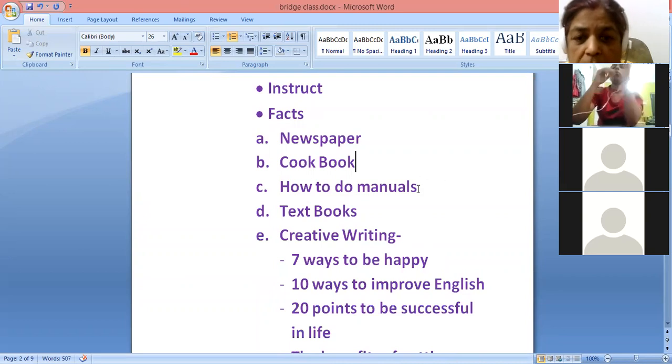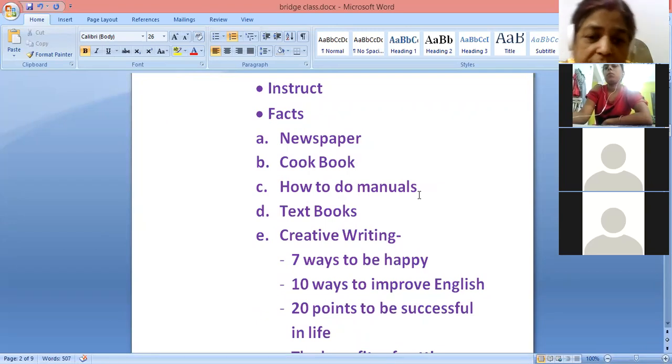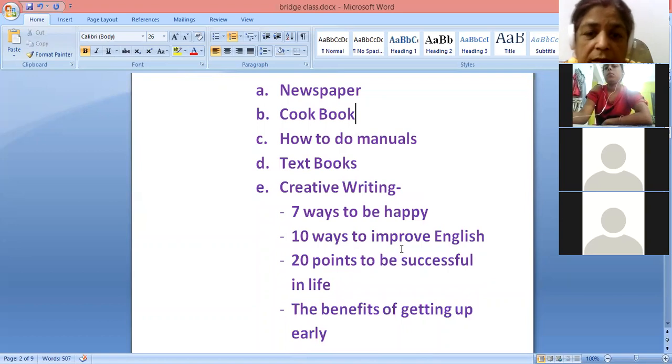Every product now comes with a manual so that the user can read and understand how it can be operated. And then your textbooks will give you the basic knowledge of whatever the subject is.